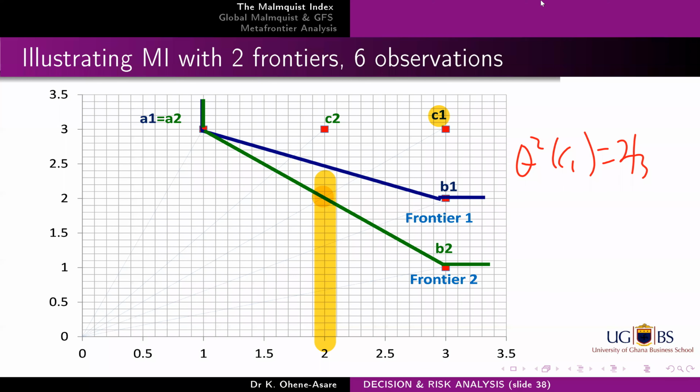Let's start with the cross period efficiency for A1. That was exactly 1/1, which was 1. What about A2? A2 was also 1. There's no doubt about that. And then what about B1? The cross period efficiency for B1, what was that? Okay, that was a little bit tricky. Somebody says 3/3. That is not correct, Eunice.